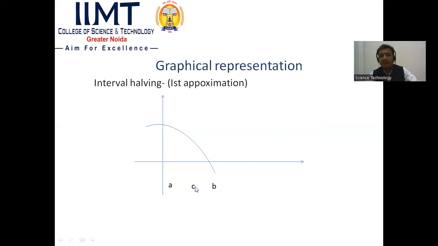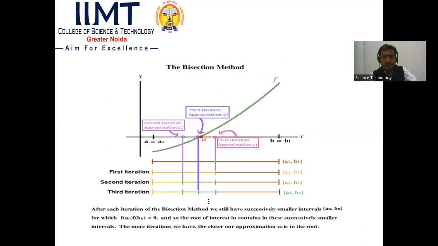By these 3 points, we will get two intervals, A to C and C to B, of half width. When we repeat this process, graphically we notice that at each step the interval becomes smaller.